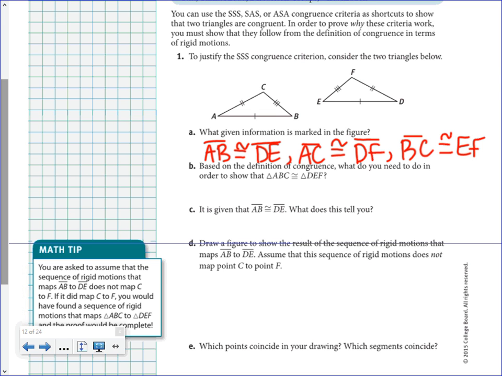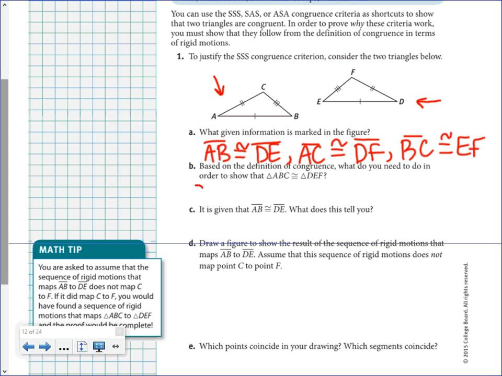Then it asks, based on the definition of congruence, what do you need to do in order to show that the triangles are congruent? What we want to do is take the triangle on the left and somehow transform it so that it gets mapped onto the triangle on the right.